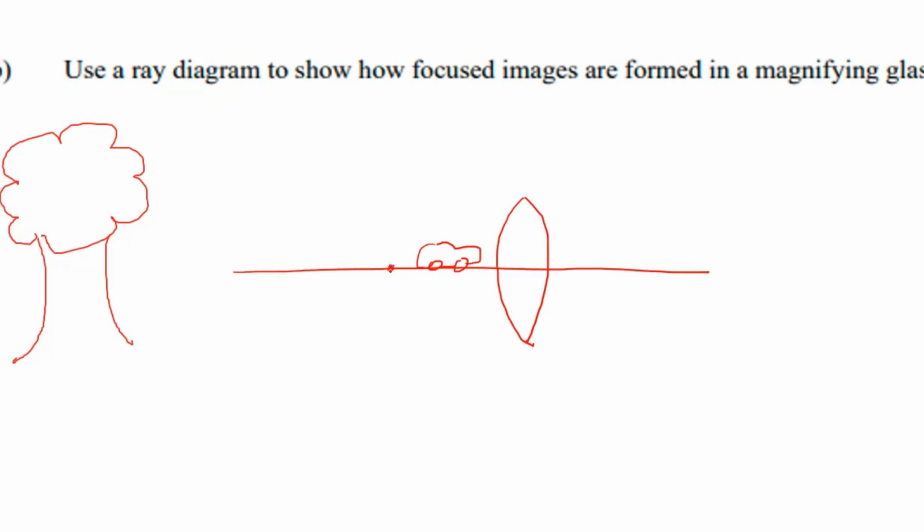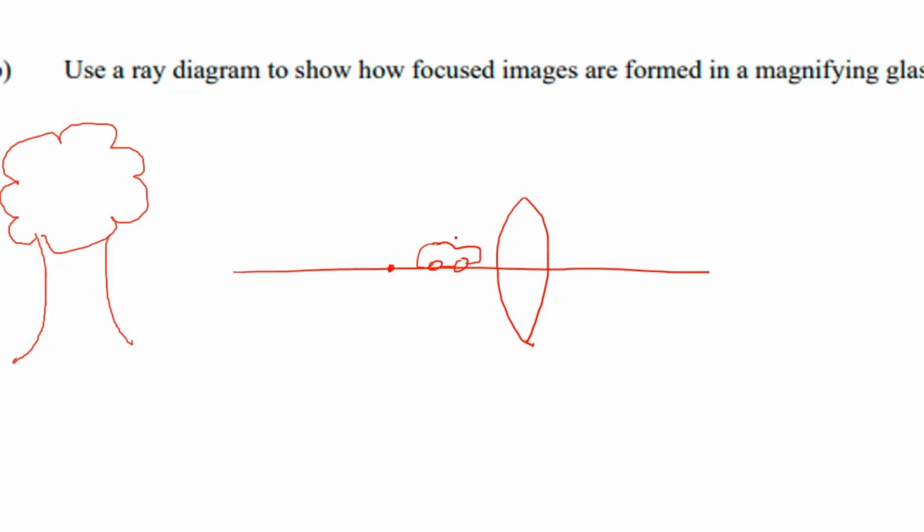If you put any object in front of the principal focus of a converging lens, the image is going to be virtual, and that's what a magnifying glass gives us, right?